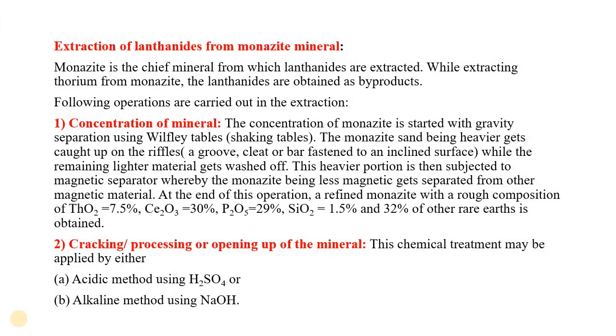How is extraction of lanthanide done from monazite mineral? We know that monazite is the chief mineral from which the lanthanides are extracted. The lanthanides are obtained as byproducts during the extraction of thorium from monazite.